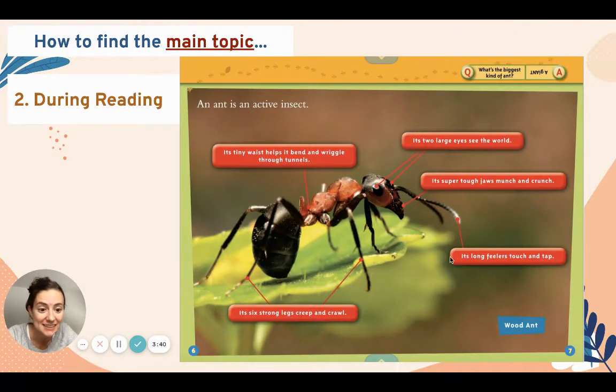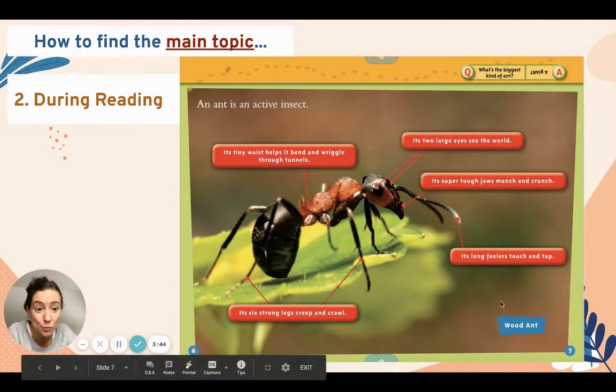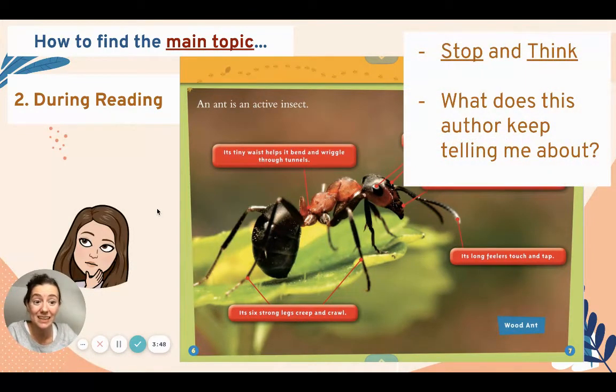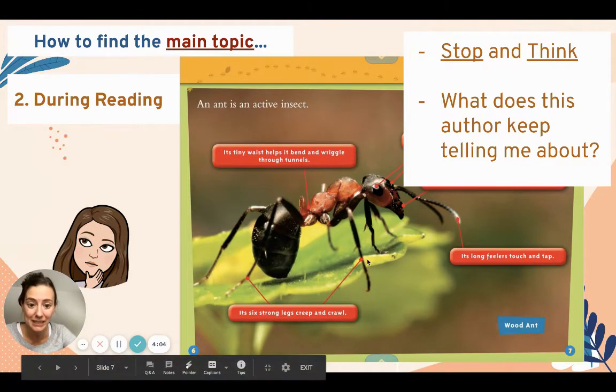There it is. Its long feelers touch and tap. This is a wood ant. All right, friends, time to stop and think. What does this author keep telling us about? What do you think? Let's hear it. If you said ants, yeah, this author is continuing to teach us more about ants through this diagram here.